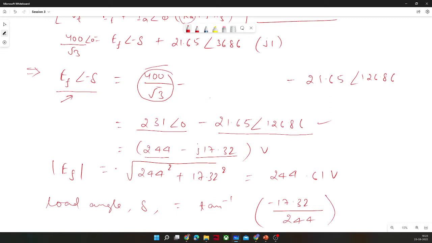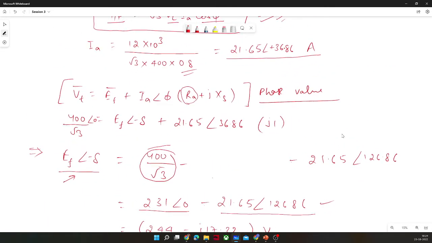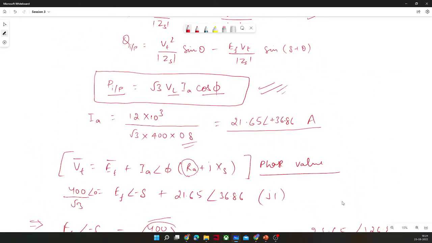Sir, in the power formula, it is given as root 3 V line to line voltage multiplied by IA cos theta. But the real formula should be root 3 line voltage multiplied by line current. Yes, you are correct. But here it is star connected, so in a star, line current is equal to phase current, right?